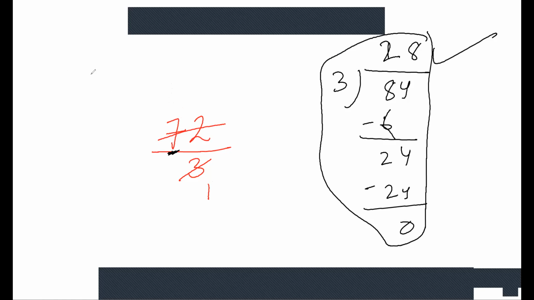What can you take? Only 7. You don't get 7. That's why take a smaller one. 3 times 1, 3. 3 times 2, 6. 3 times 3, 9. What should I choose? 2, okay.